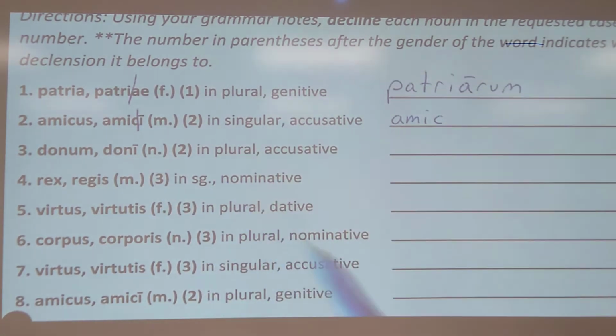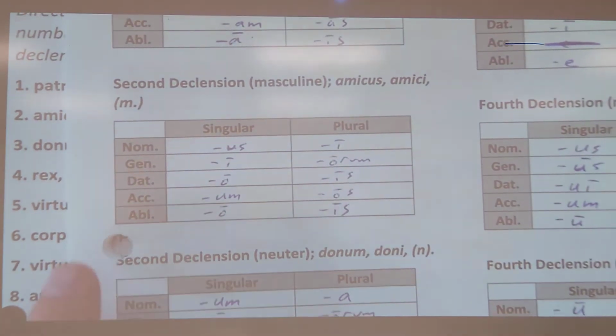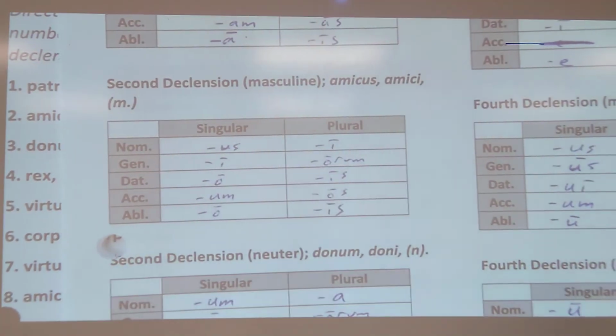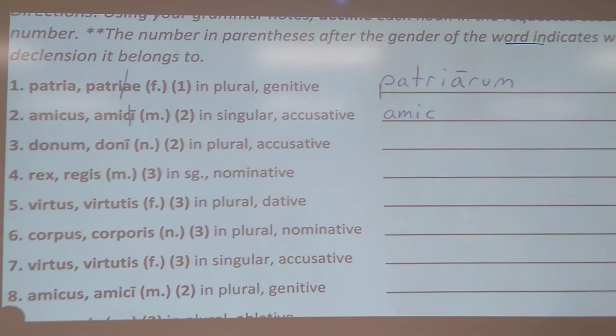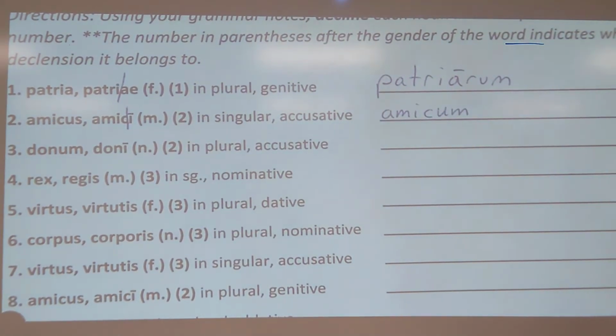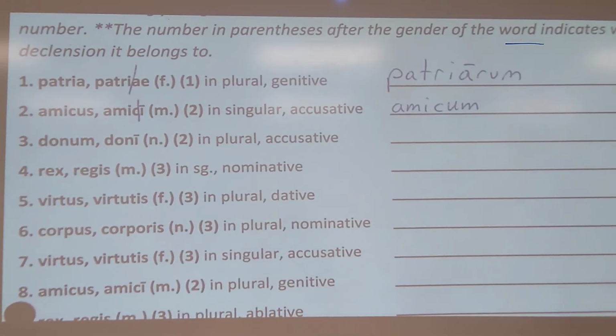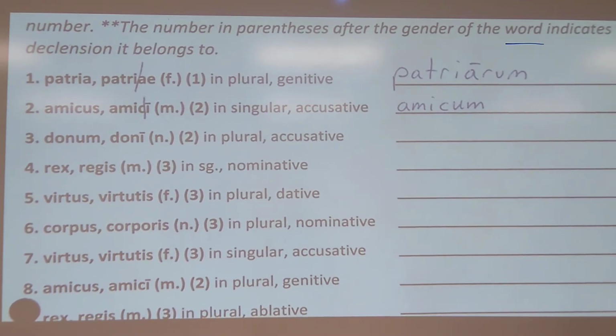And then, again, if you look at your chart, the second declension masculine accusative singular ending is um. So we have amicum. Okay. So that strategy will work for almost every single one.